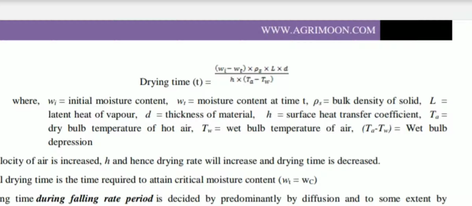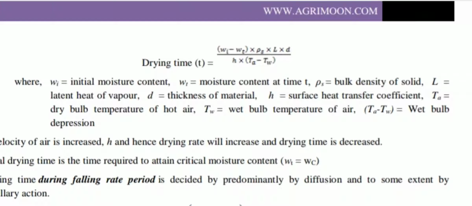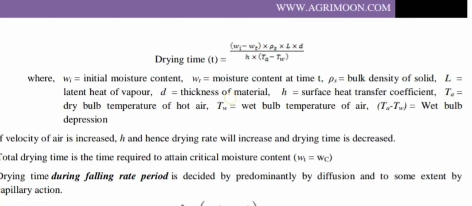So dry bulb is the temperature of the hot air, and Tw is the wet bulb temperature of the air, meaning the moisture content that is present in the air. So the temperature of that moisture content is the wet bulb temperature, and Ta minus Tw will be the wet bulb depression, the depression of the moisture content which was present in the drying air.